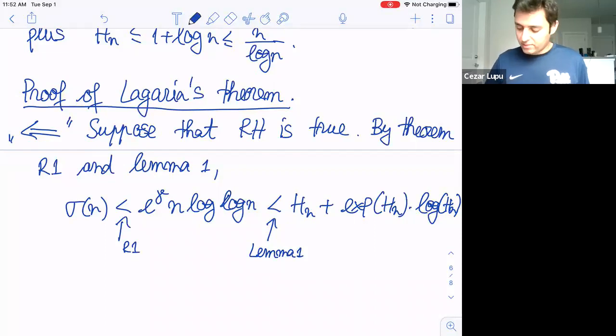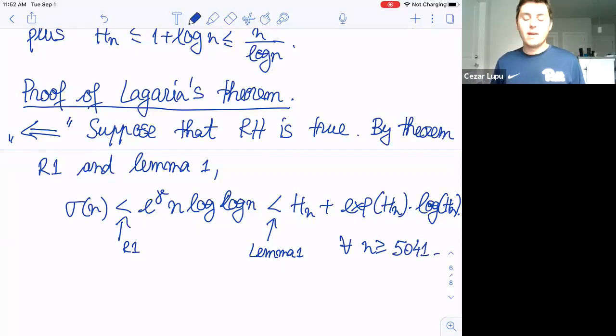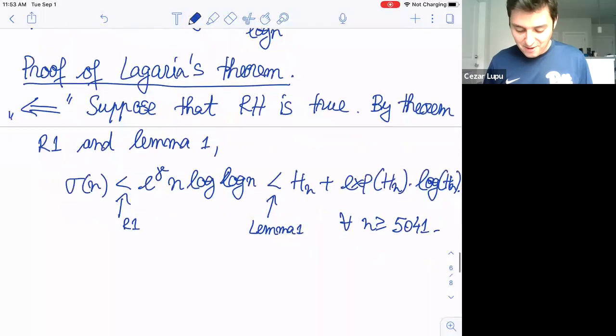All right, so it follows. That was immediate. But pay attention, this is for all n greater or equal than 5041, because R1 started from that rank. The cases from 1 to 5041 can be verified by a computer.